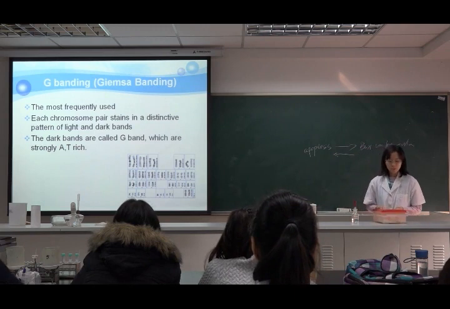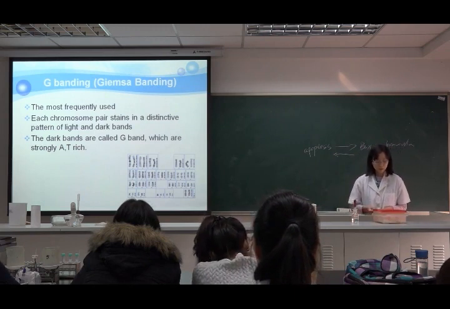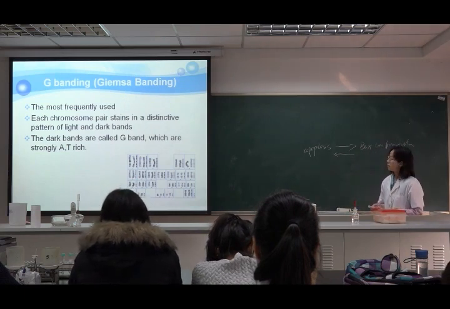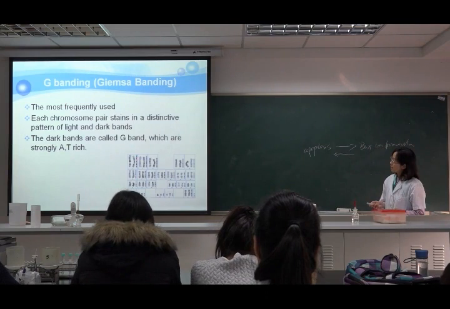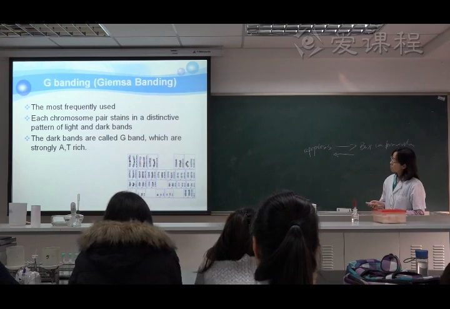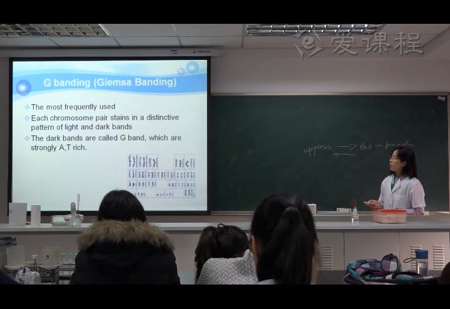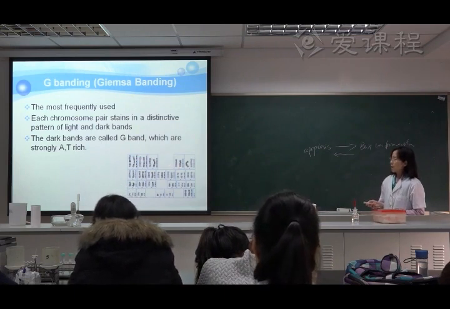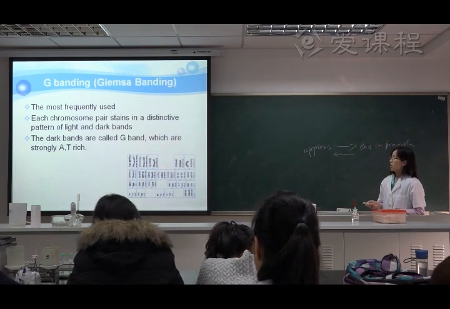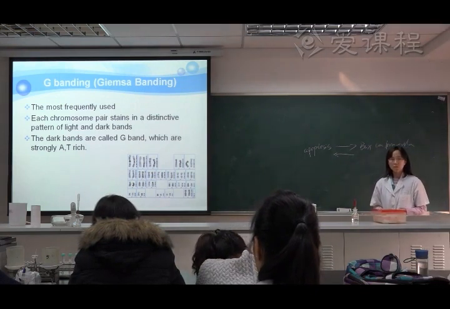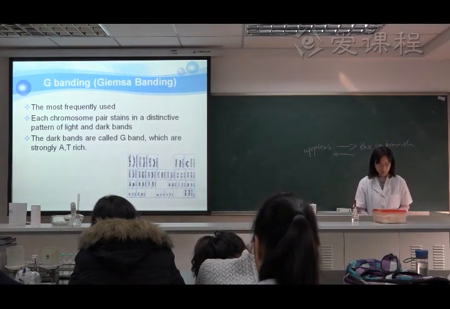Each chromosome pair shows a distinct pattern, and you can see here dark and light bands. We call the dark bands G bands, which are strongly AT rich. On the contrary, the light bands we call R bands, which are strongly GC rich. This is G banding.